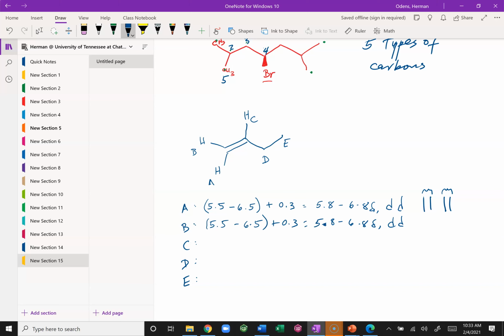So it starts as a doublet, but then HA splits it, and now the J coupling will be smaller. And that's how you can identify, okay, this will be HA, this will be HB, because now it has a narrow J coupling.